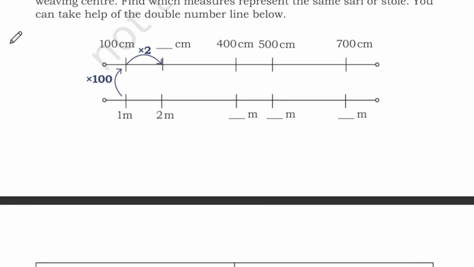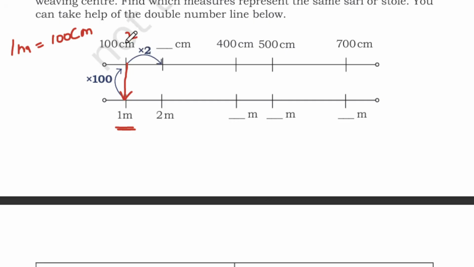First you have to understand, students, 1 meter is equal to 100 centimeter. That's why on the number line they have marked 100 centimeter and 1 meter together. Next, if you see the arrow mark, it is multiplied by 2.